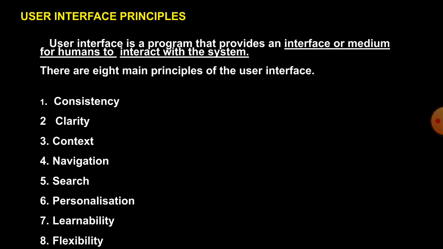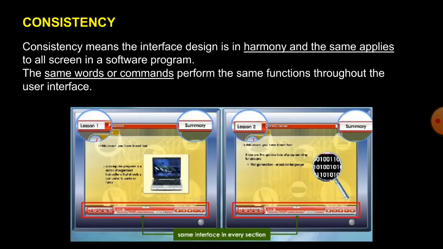So actually what is a user interface? A user interface is a program that provides an interface or media for humans to interact with the system. If the user wants to interact with the system, these 8 principles must be followed. The first one is consistency.